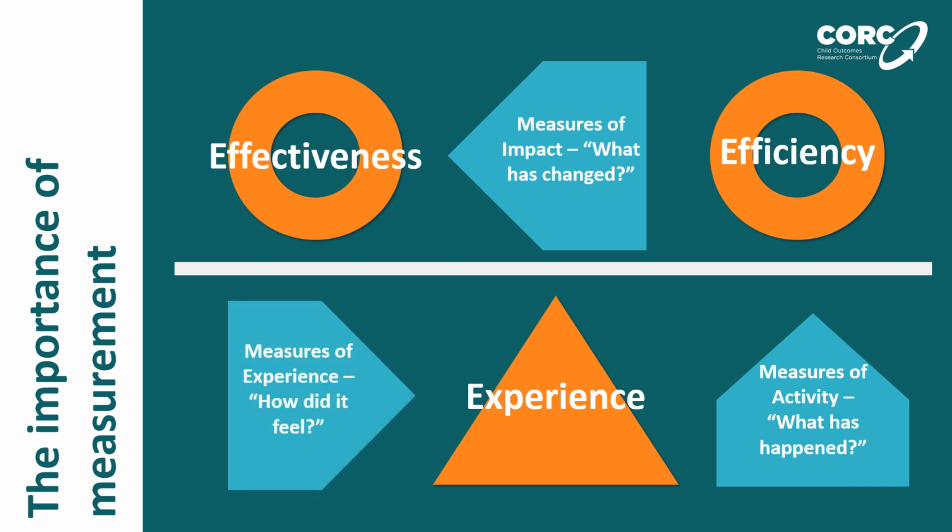Excellent person-centred care is needed to ensure maximum service user engagement. There are strong links between having a good experience and achieving good outcomes. Therefore, knowing how someone felt or thought whilst engaging with your service is crucial. As measures of activity form a large portion of data already collected, reported and discussed, we'll not be dedicating much time to these in the remainder of the module.